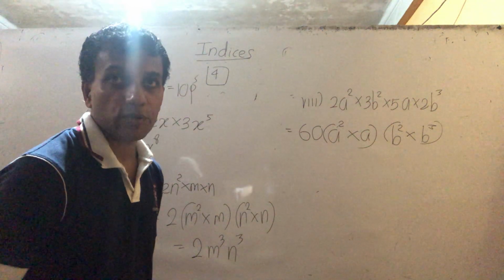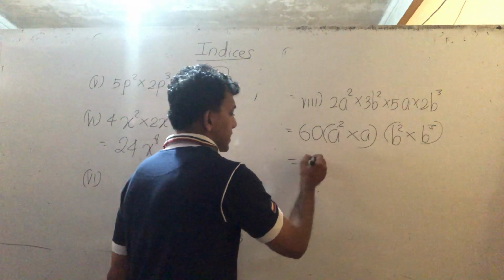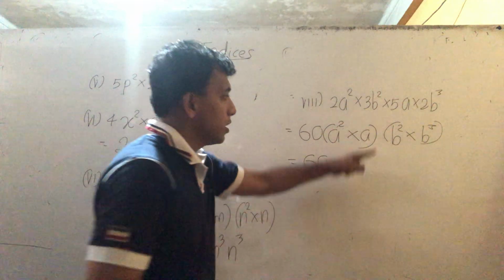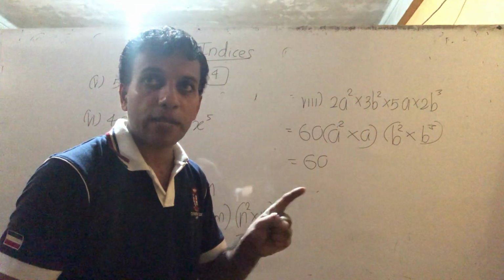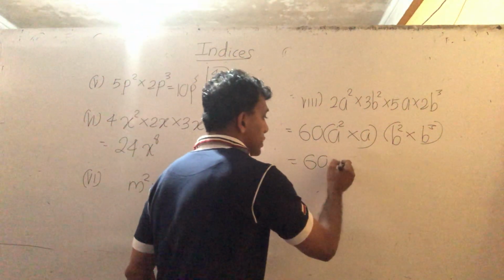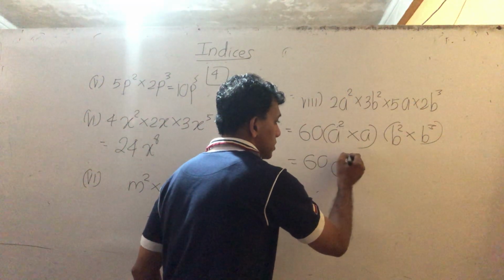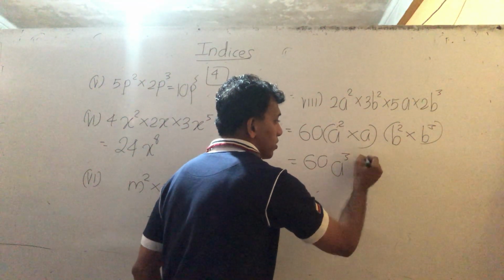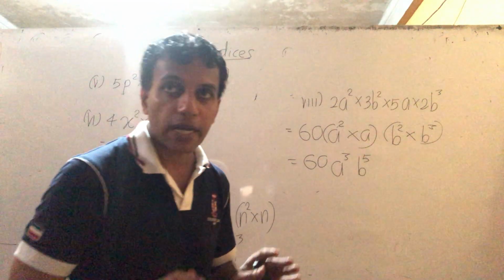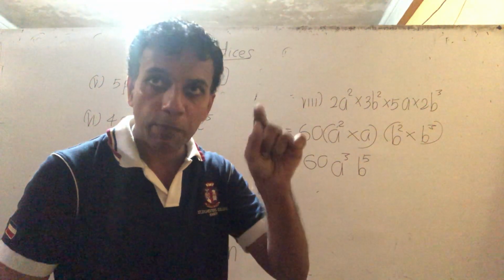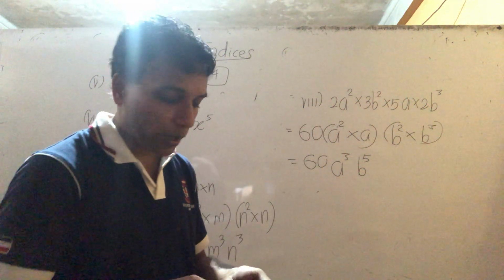So what is that? 60, what is the answer? A square multiplied by A means what? A to the power 3. Here B to the power 5. The bases are equal, when multiplying, add the power and write it. That's what rule number 1 says.